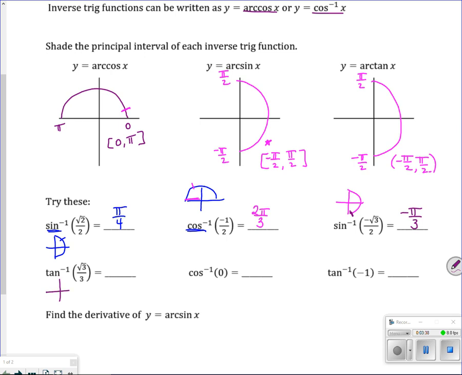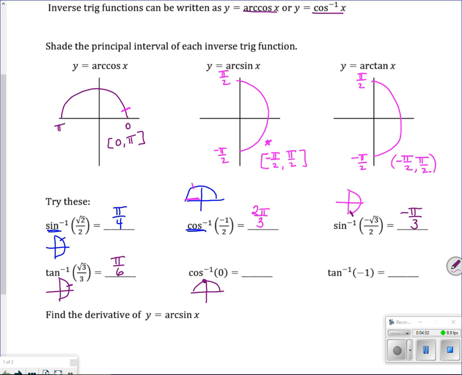Inverse tangent, or arc tangent, of square root 3 over 3. It's positive, so it's in quadrant 1. Who has a tangent of square root 3 over 3? That's pi over 6. Arc cosine of 0. In that interval, who has a cosine of 0?